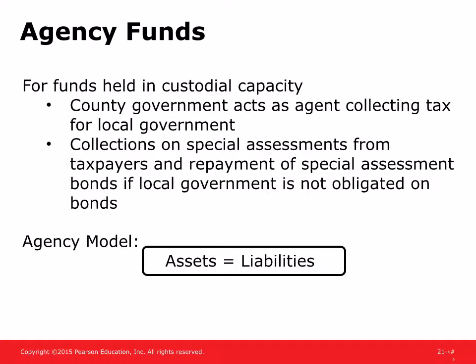For the agency model, you just have assets equals liabilities because there is no balance. Whatever the asset is will also be the liability, because if it's an asset that you're holding in place for someone else, eventually you're going to owe that money to someone else. So there's no balance, it's just A equals L.